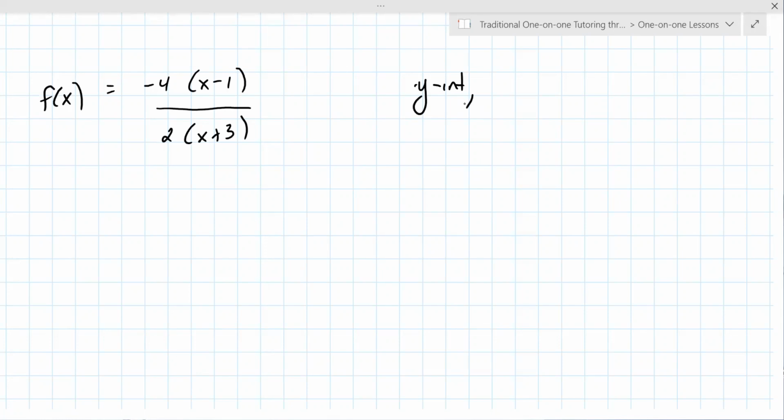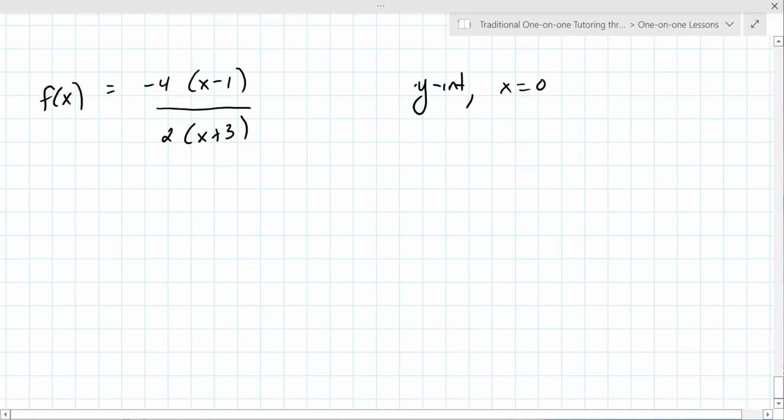I got 0, 2/3. Okay, so when x is 0, that's an ordered pair like you just said. Y is 2/3 minus 1, so you get 4. Yes, very good. And then the next one is the x-intercept.